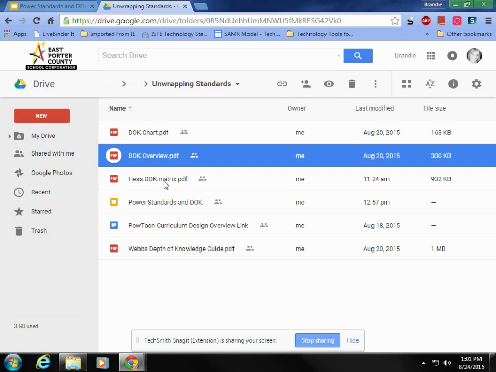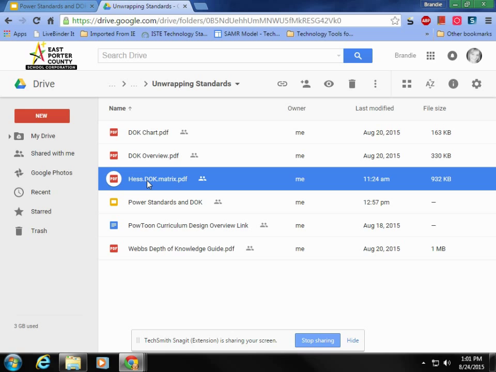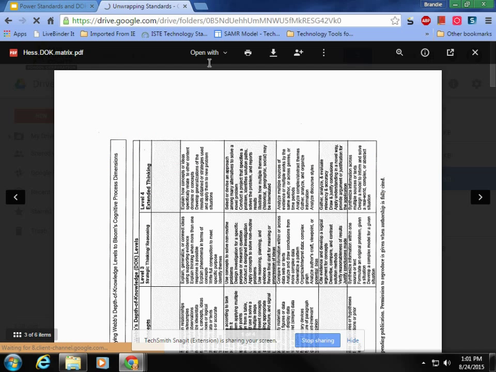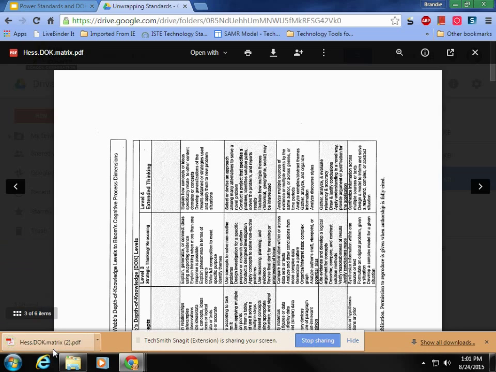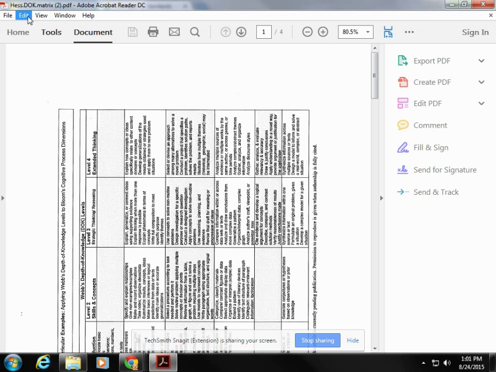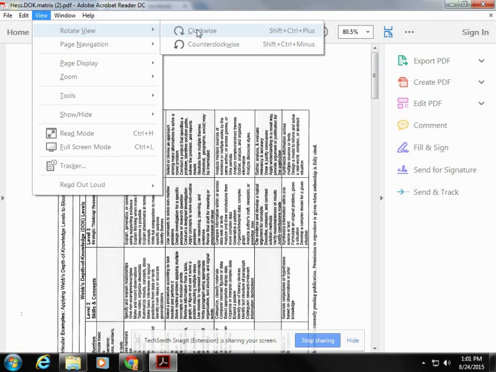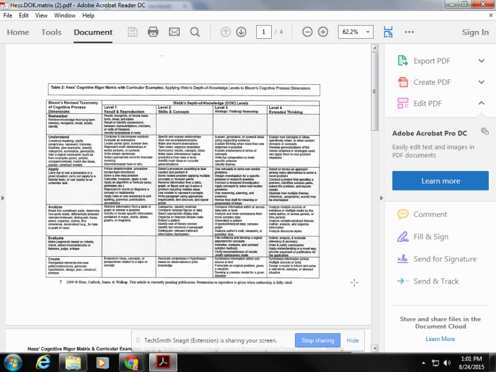Also in the folder is the Hess DOK matrix that we looked at. But not only does this have an overview, I'm going to pop in here again, a general overview, but we also have for different subject areas. So the very first page is a general look at depth of knowledge versus Bloom's.